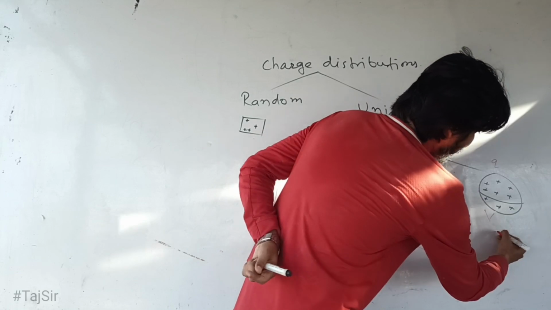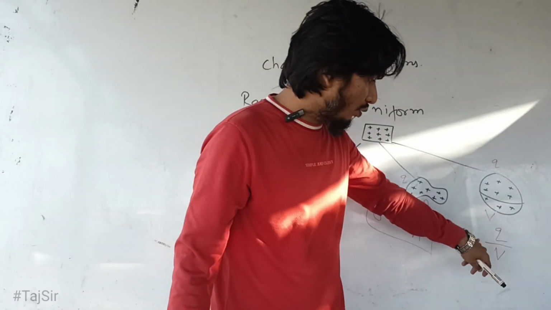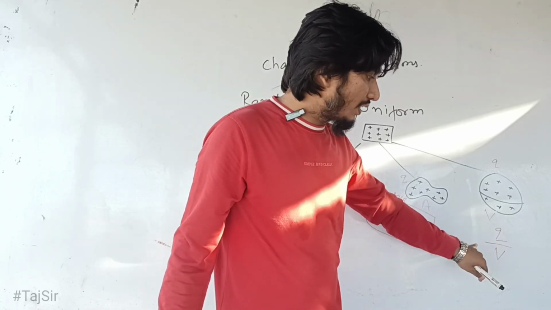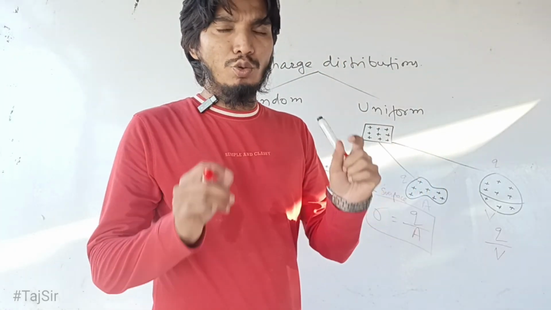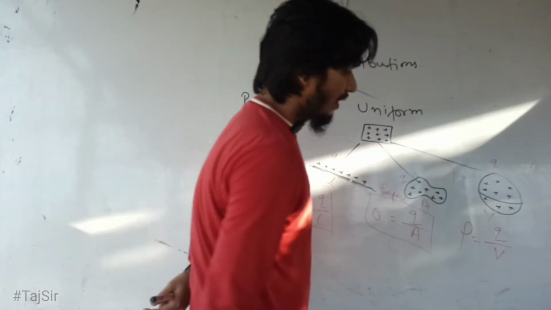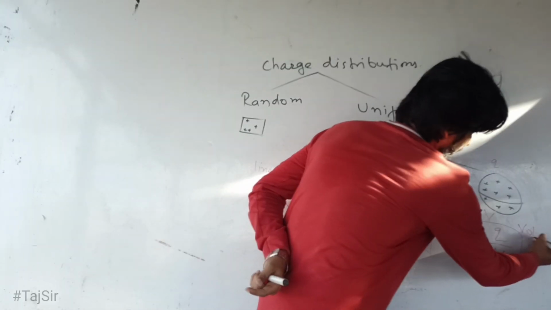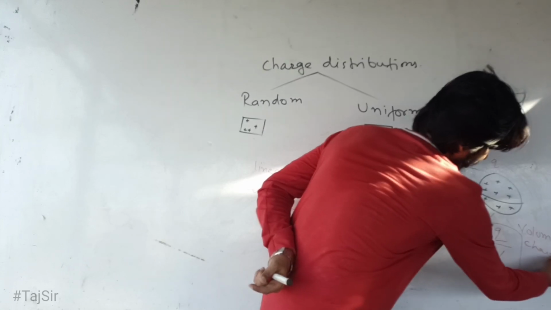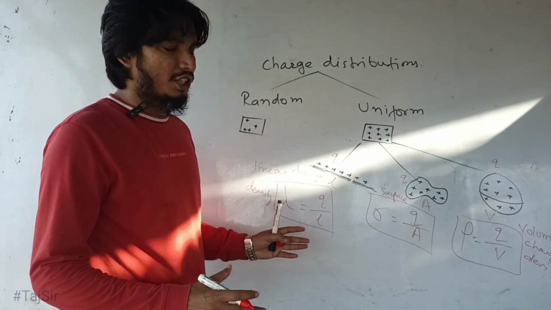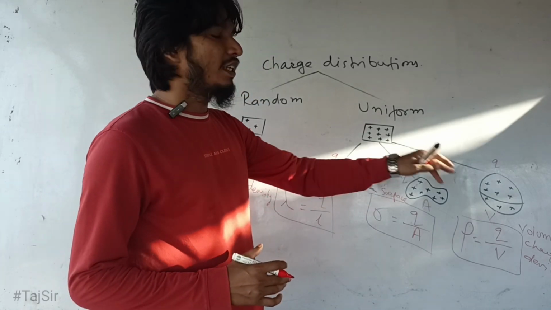Here the similar concept, Q divided by V. It says that in total volume V, charge Q is uniformly distributed, and Q by V gives the amount of charge present in unit volume. This is represented by the letter rho, and this quantity is known as volume charge density.